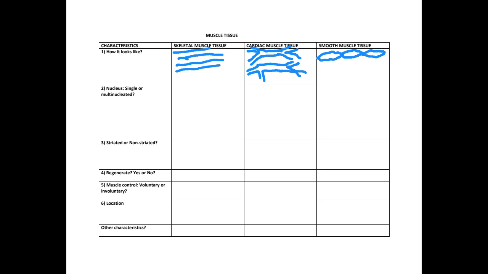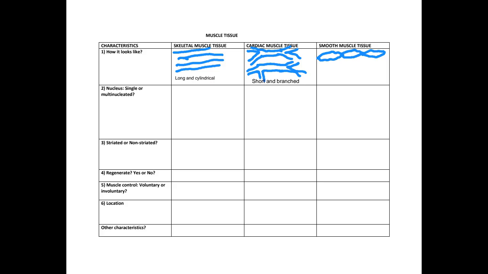So skeletal, we say it's long and looks like a cylinder, so we say cylindrical. And then cardiac muscle tissue, we talk about it being short and branched. So it has branches to it.